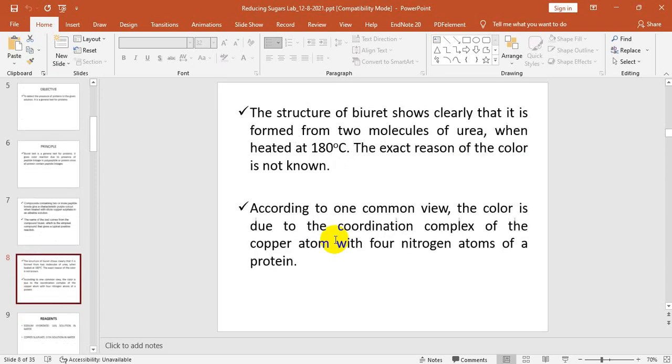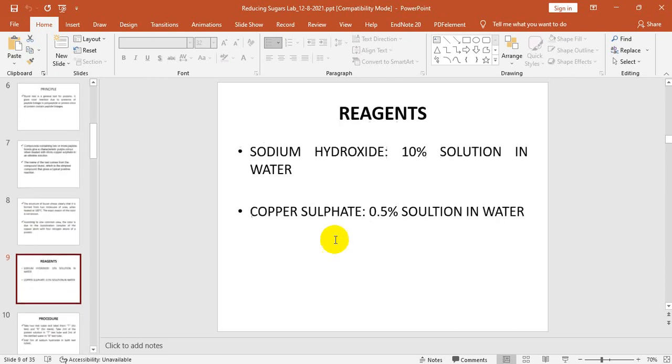The structure of biuret shows clearly that it is formed from two molecules of urea when heated at 180 degrees. The exact reason for the color is not known. According to one common view, the color is due to the coordination complex of the copper atom with 4 nitrogen atoms of a protein.